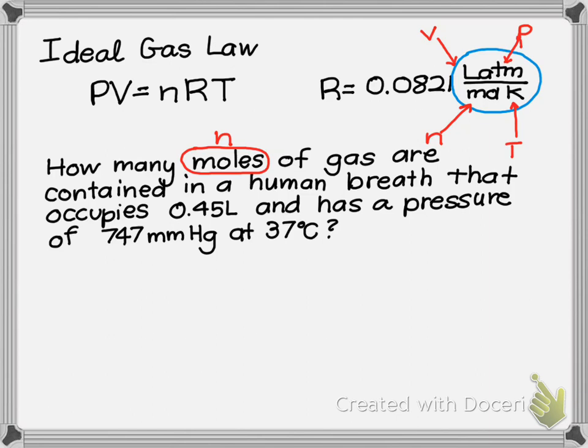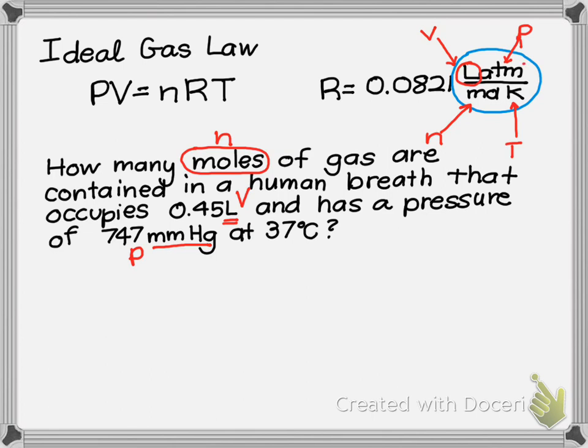And then if I keep reading, it occupies 0.45 liters. Okay, liters is my volume, and liters is okay because I have liters up here, so I don't have to do anything to that. It has a pressure of 747 millimeters of mercury. Sorry, I said milligrams earlier, I was thinking ahead.